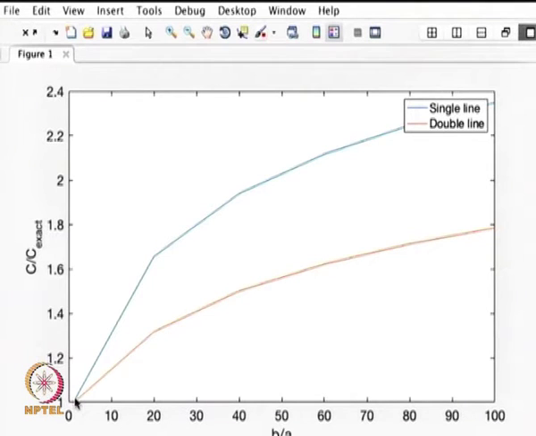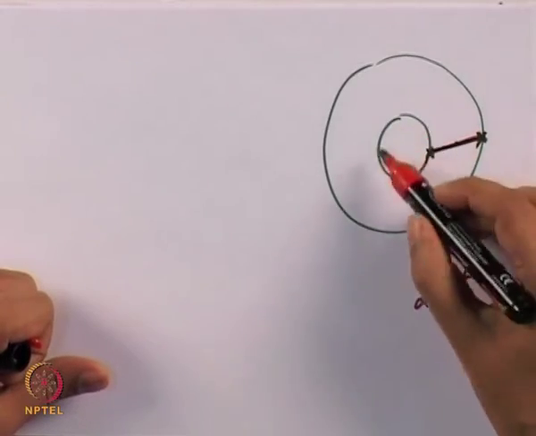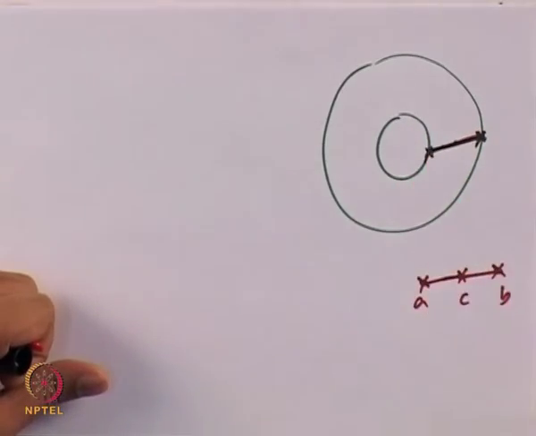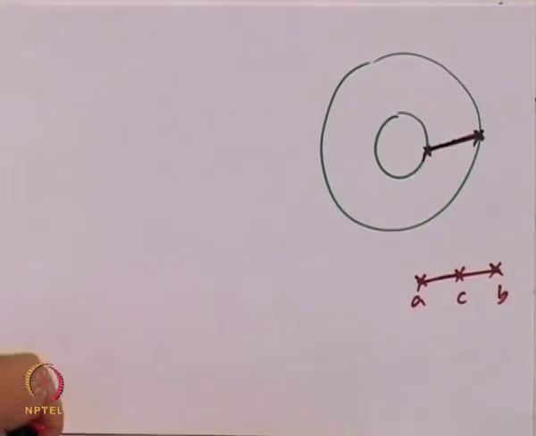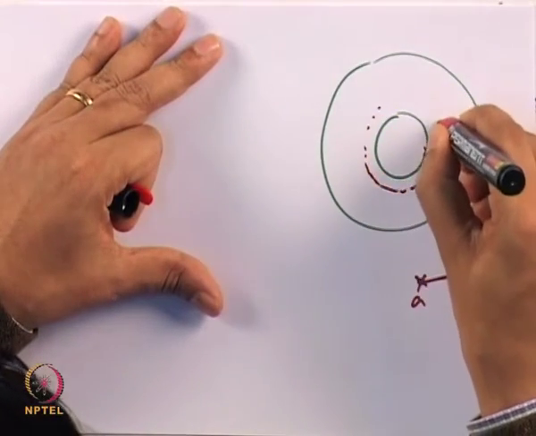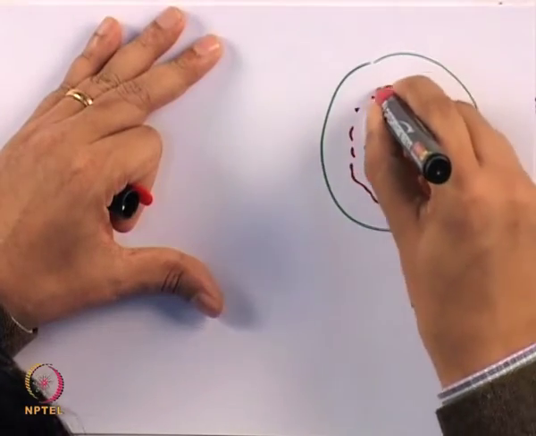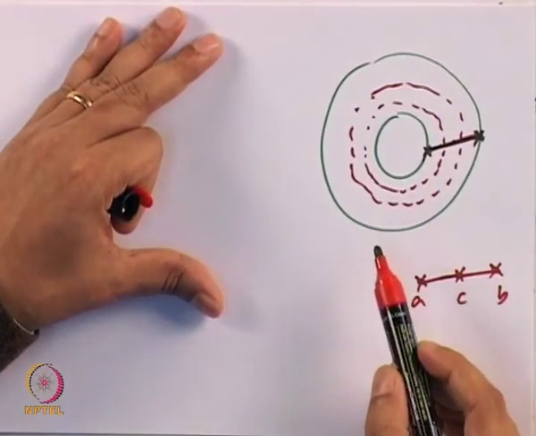So for example, when we have a B by A ratio that is quite small, that is B divided by A is equal to, let us say, it can't be 1, because then the radius of this conductor falls exactly on the radius of the internal conductor. What is important is, when we go to different radii of the outer conductor, we are keeping the inner conductor the same and just increasing the outer conductor radius.